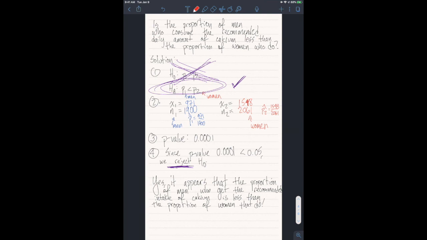They're very, very different. If you calculate that percentage, for men it's right around 51%, and for the women, it's about 75%. So yes, definitely, there seems to be a difference between the genders.